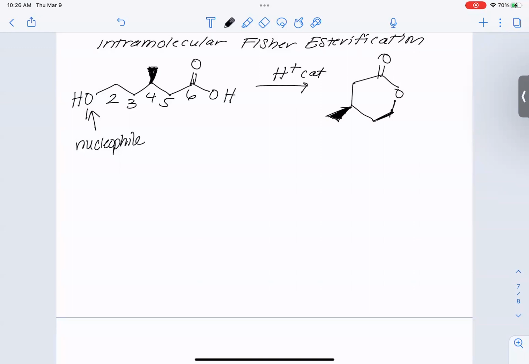So just like we can have intramolecular reactions for our other nucleophiles, you can have the same thing for a Fischer esterification. We can do what is known as a transesterification.